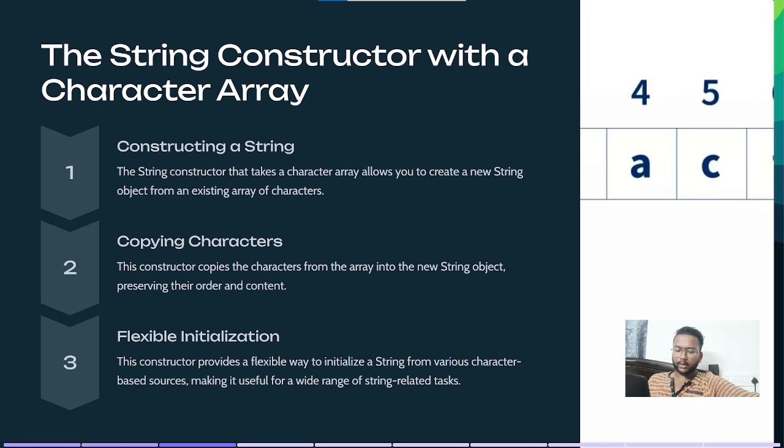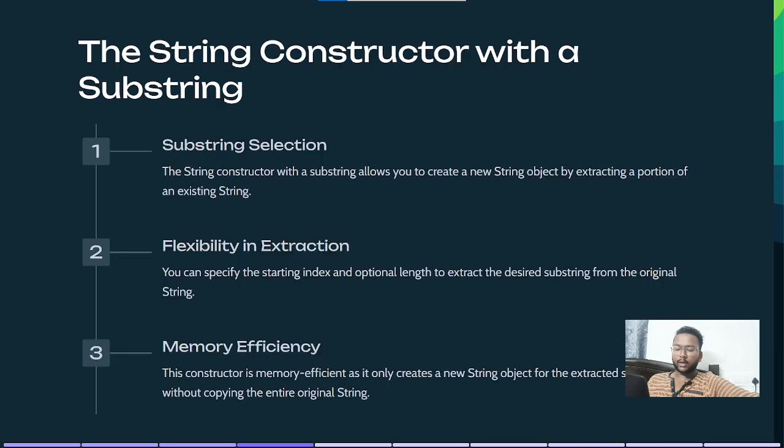Flexible initialization: this constructor provides a flexible way to initialize a string from various characters based on the source, making it useful for a wide range of string related tasks.